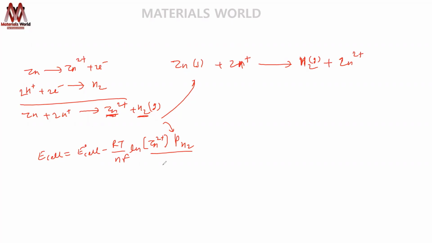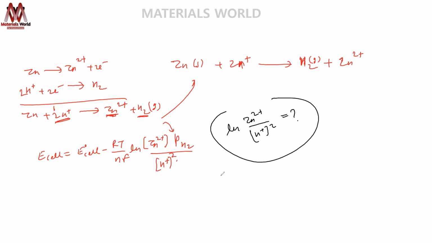What is the reactant? H+ has coefficient 2, so H+ squared. Zinc is a solid, so it has activity 1, and I don't need to write it. Actually, in your question it is asked to calculate ln of Zn2+ by H+ squared, so that is why I have written it in the form of ln, not 2.303 RT by log.